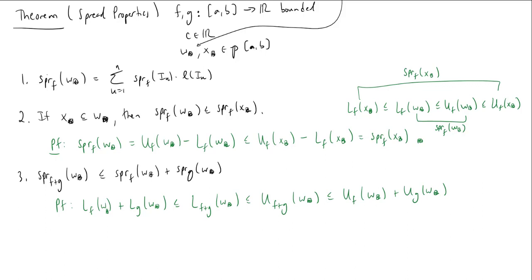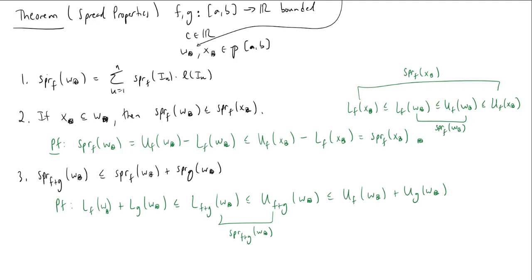So we now have this chain of inequalities. What does that tell us about the spread? If I start subtracting, here I have this subtraction in the middle, U_{F+G} minus L_{F+G}. This difference is going to be the F plus G spread.